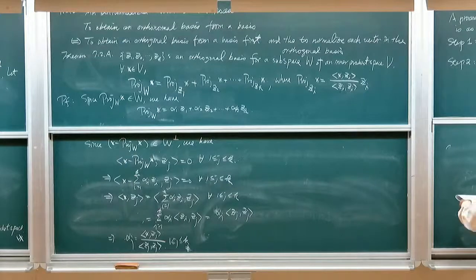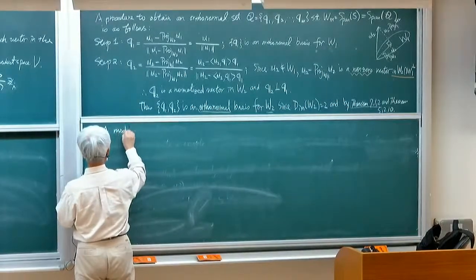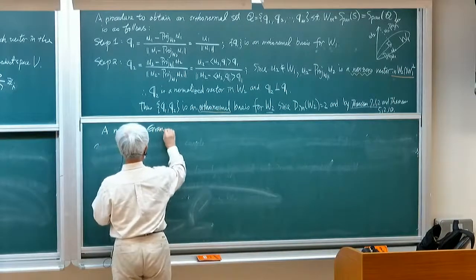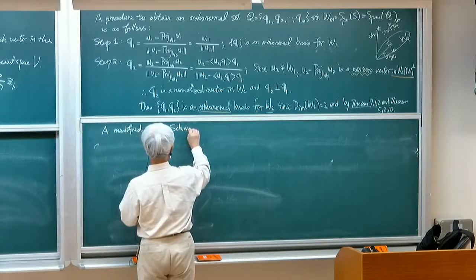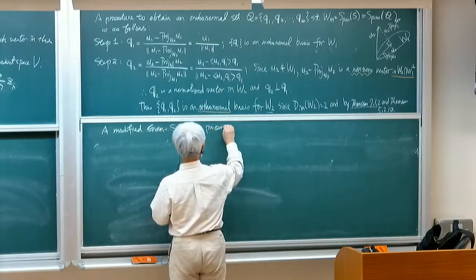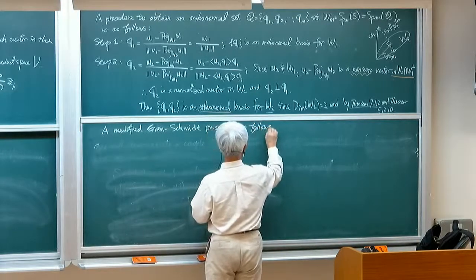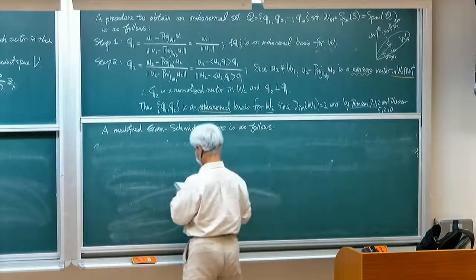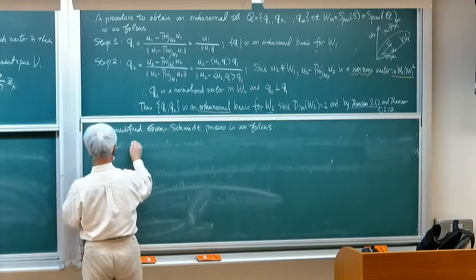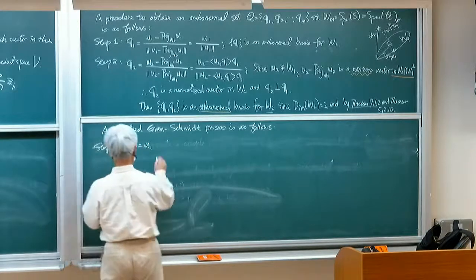All right. So now, a modified Gram-Schmidt process is as follows. Step 1: we let Z1 equal U1.